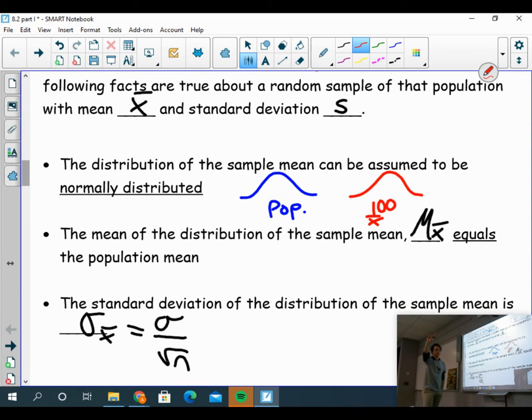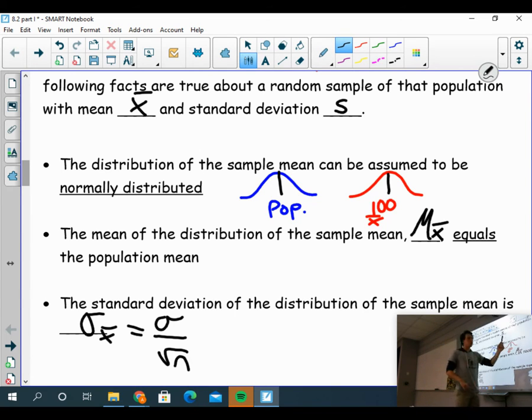That's consequence number 1. Consequence number 2, the mean of the population is equal to the mean of the distribution of sample means. The means will be the same. Again, we talked in 8.1 about using statistics to make predictions for parameters. If I know the population's normally distributed, then I know that the mean of the population is the same as the mean of the distribution of sample means.